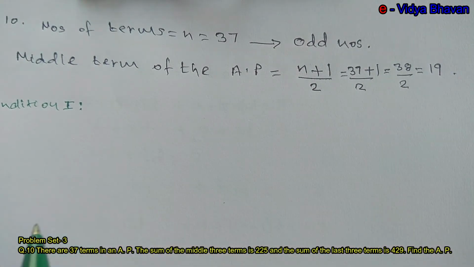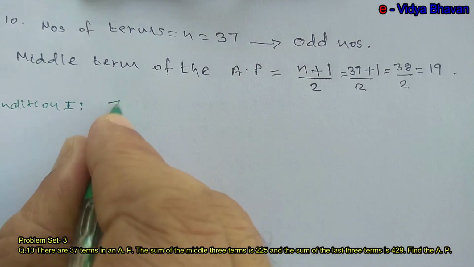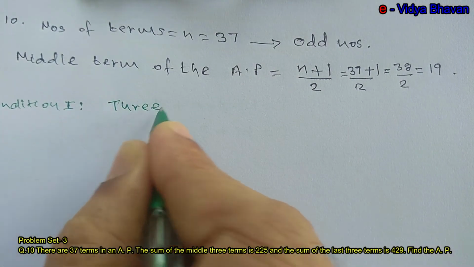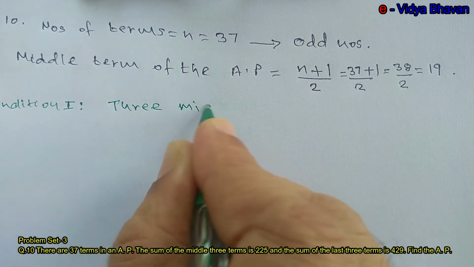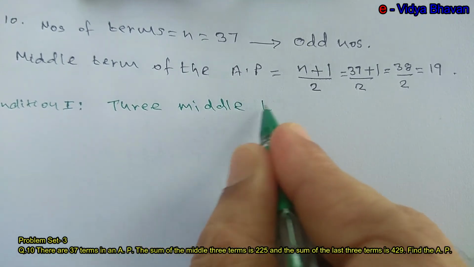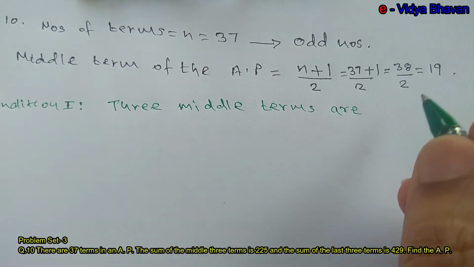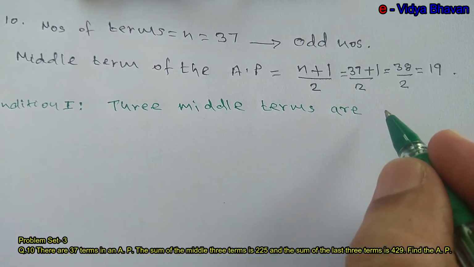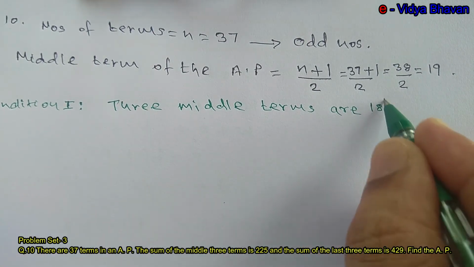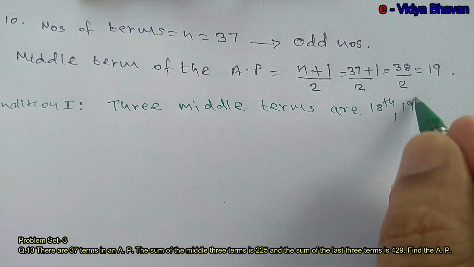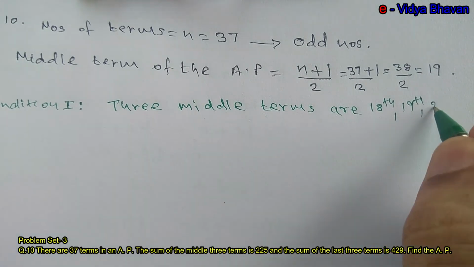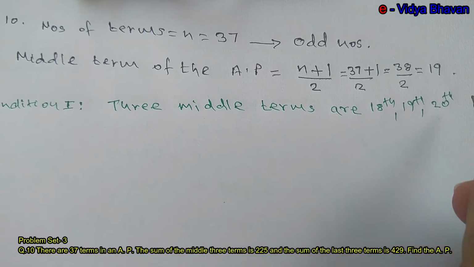So the three middle terms are 18th, 19th and 20th.